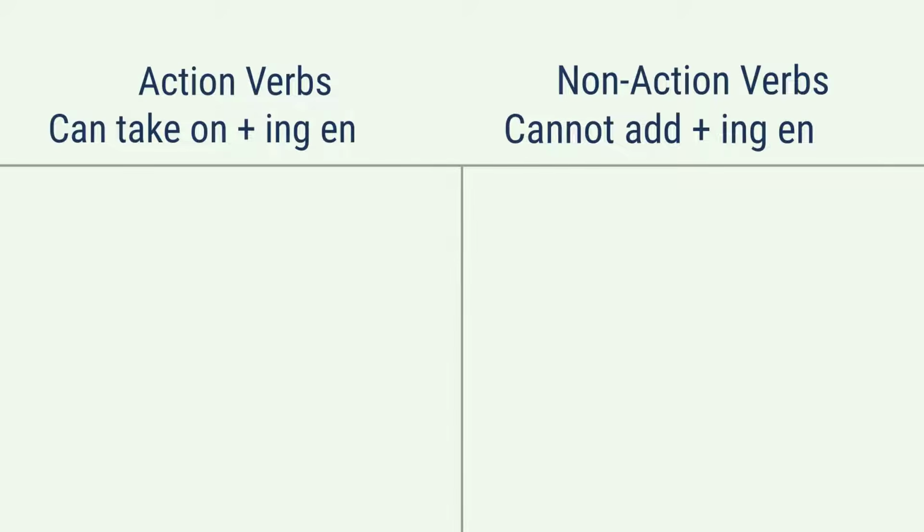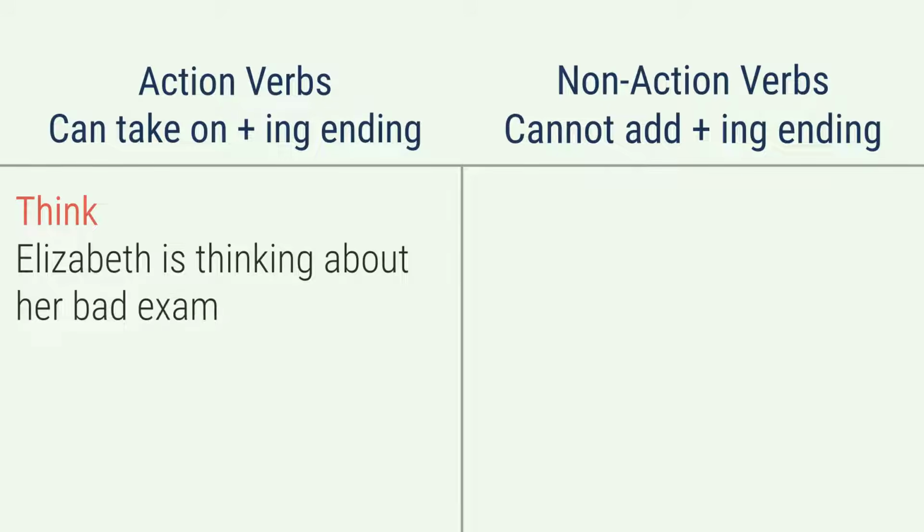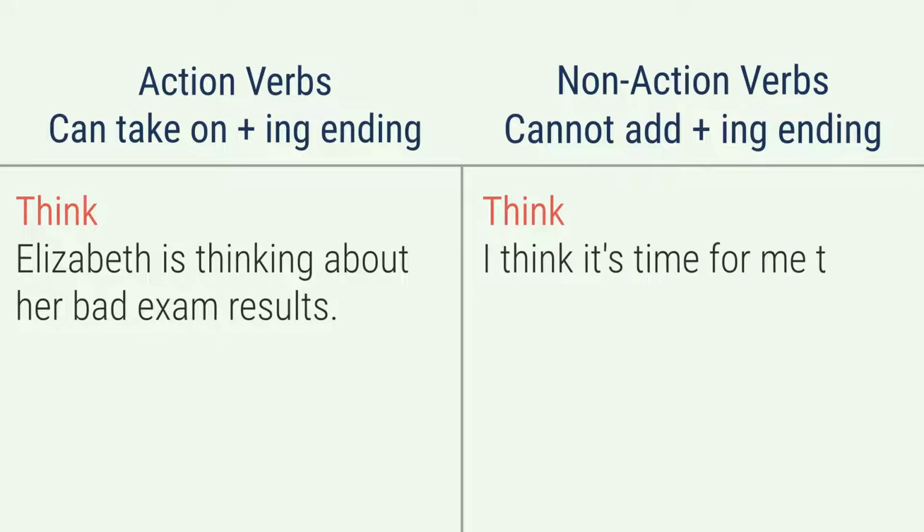Let's examine this with some examples. Think. Elizabeth is thinking about her bad exam results. Action verb in this case, so thinking, ing. Think for non-action. I think it's time for me to move on to the next step.